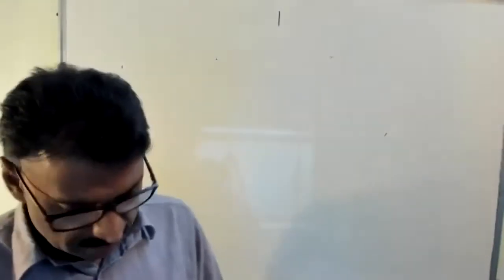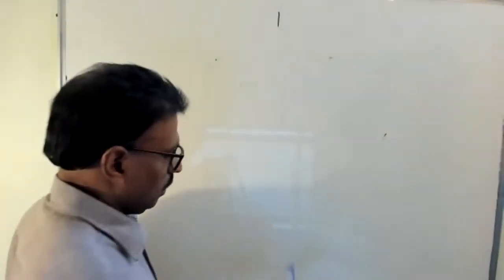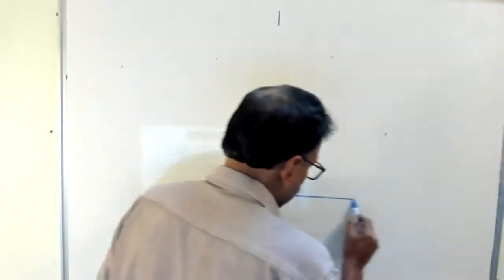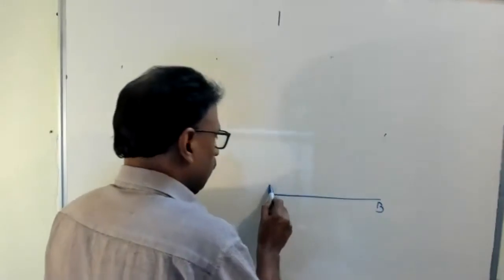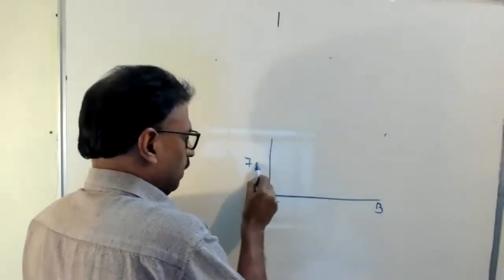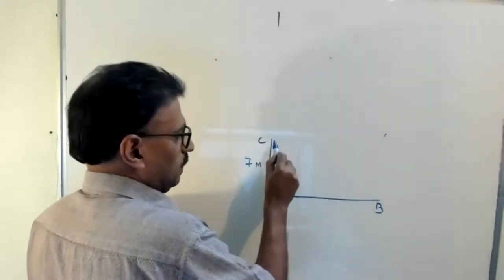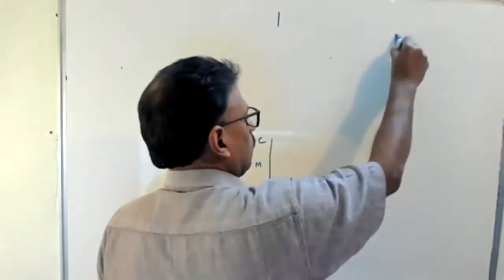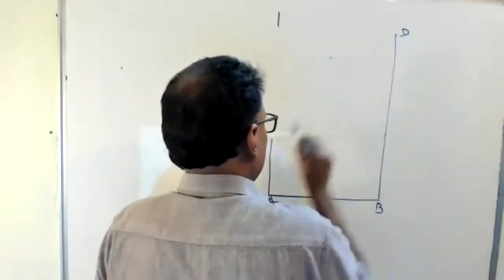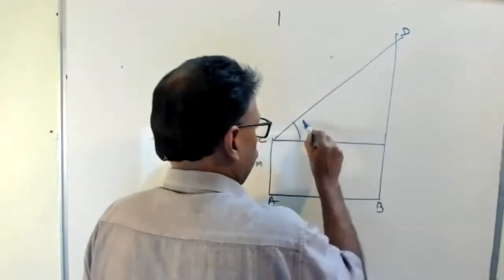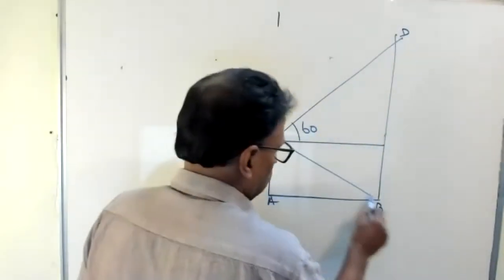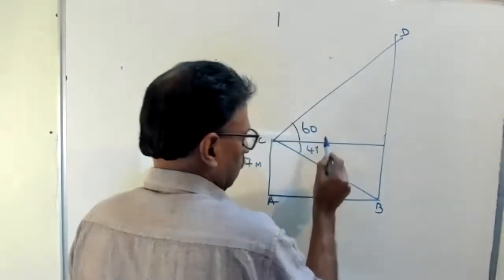From the... this is the ground. AB is the ground. Here the building is 7 meter, C. Then here is the tower, D. Angle of elevation is 60 degree, angle of depression is 45 degree.